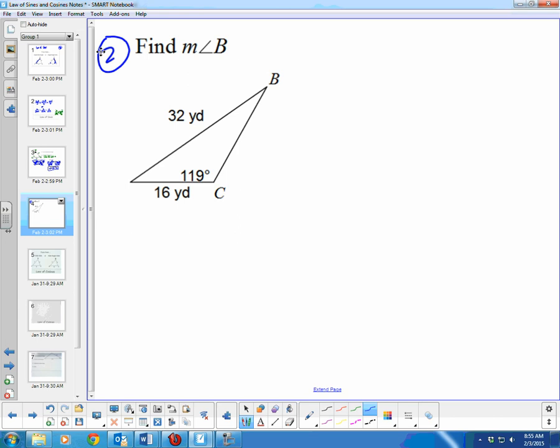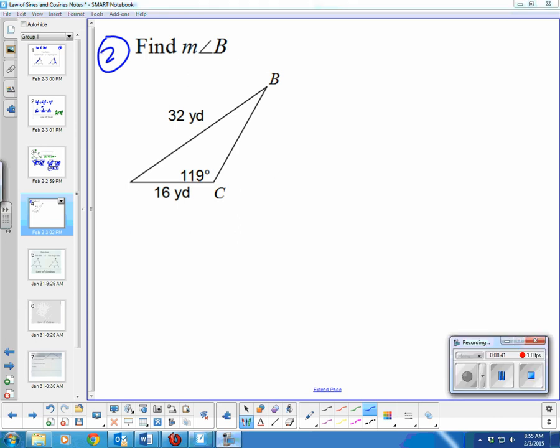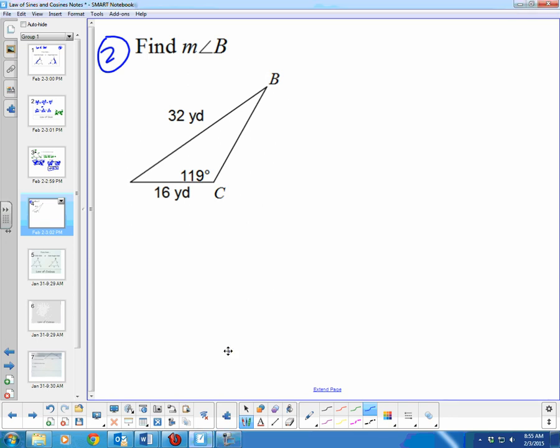Can you draw that triangle? Okay, do we have it drawn?